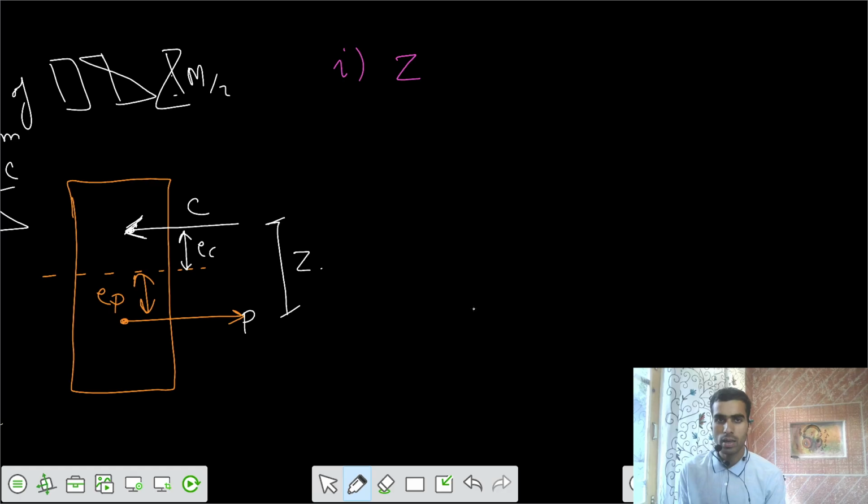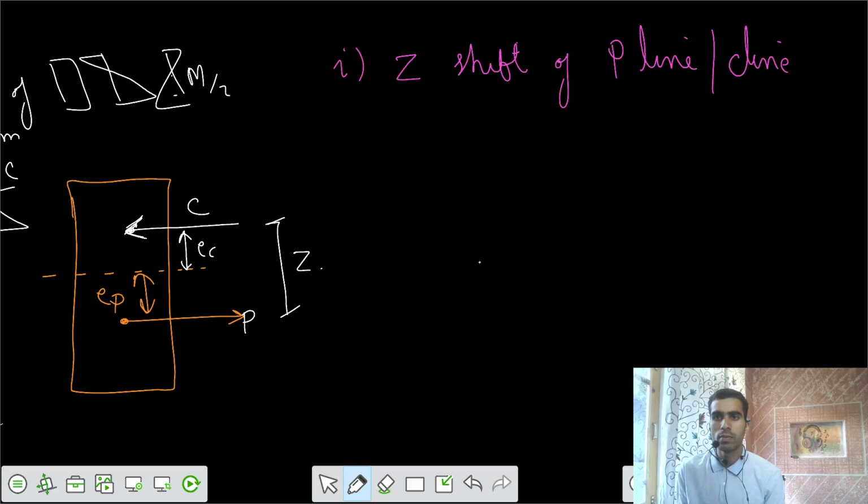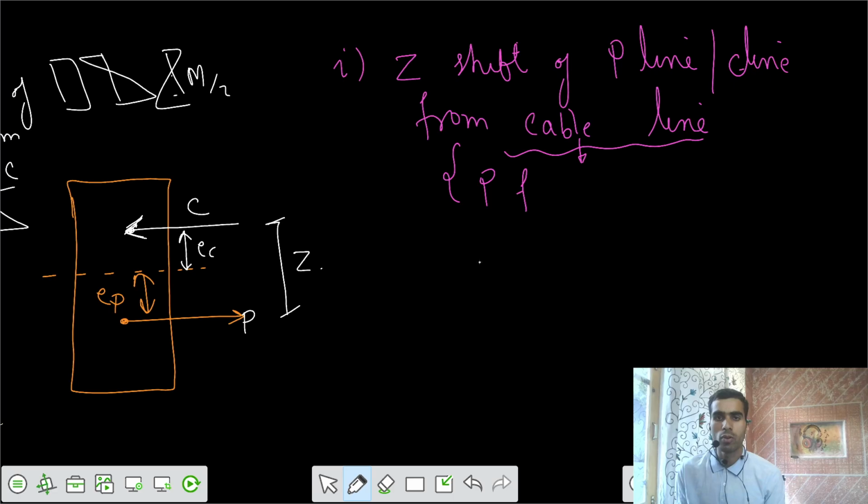This Z bar we call the shift of the P line, or C line, from your cable line, where the cable line is the point where your P force was acting, at EP.